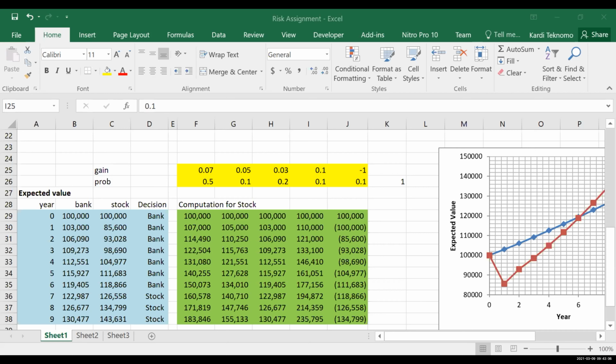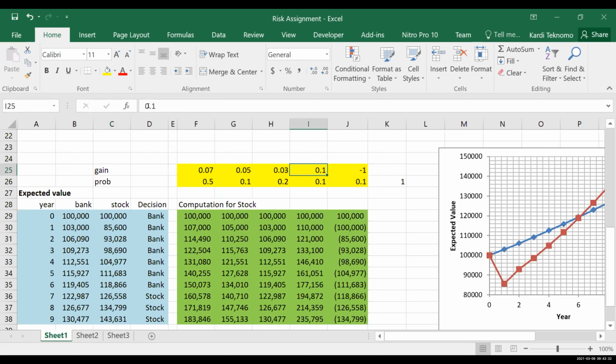Wait. But how do you get from minus 100,000 and you put 85,600, then it becomes 93,028, and then increases again? The column that you have for the -1 and 0.1, sir. I think 0.1 should be 0.01.